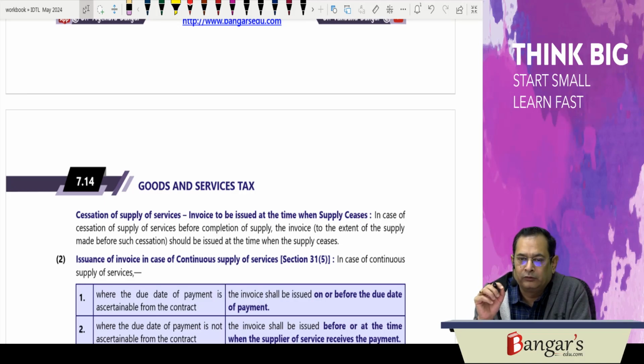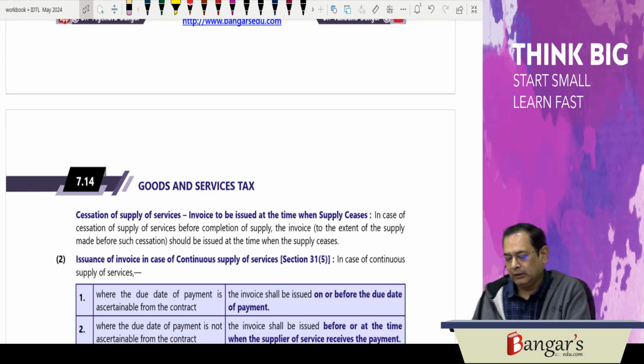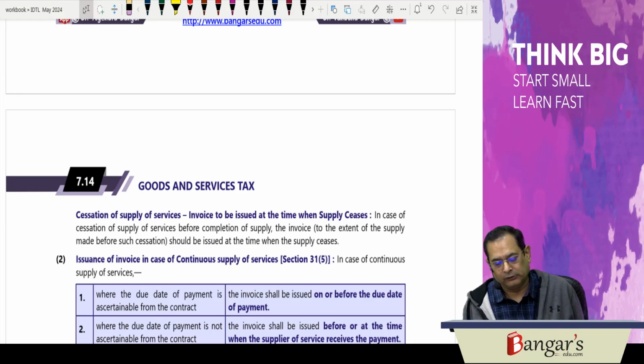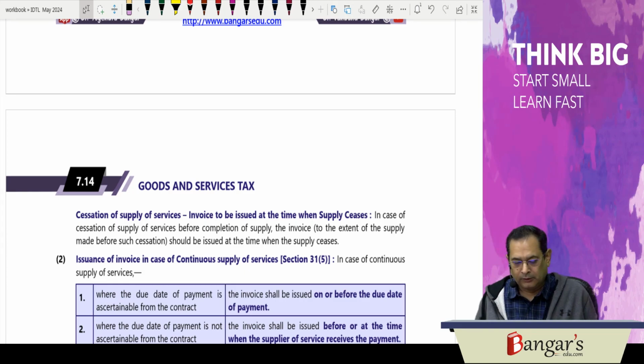The invoice to the extent of supply made before such cessation should be issued at the time when the supply ceases.